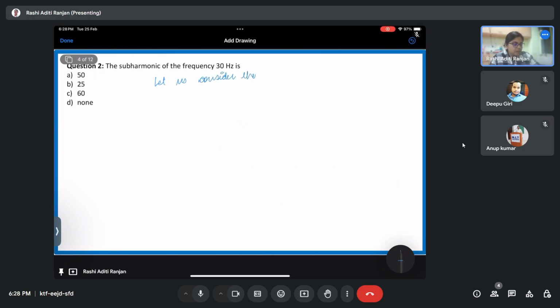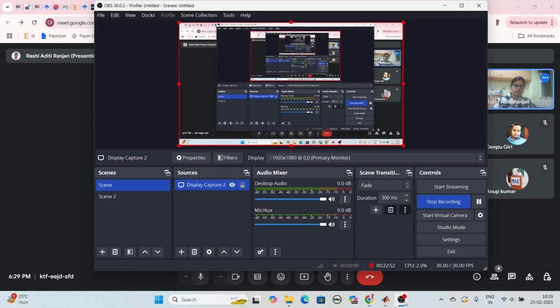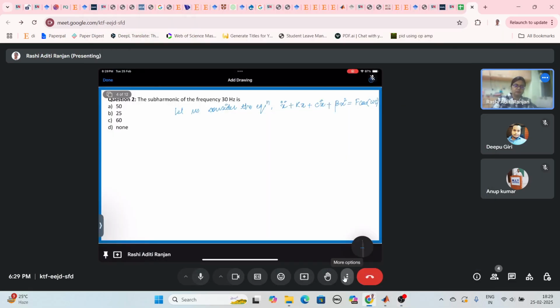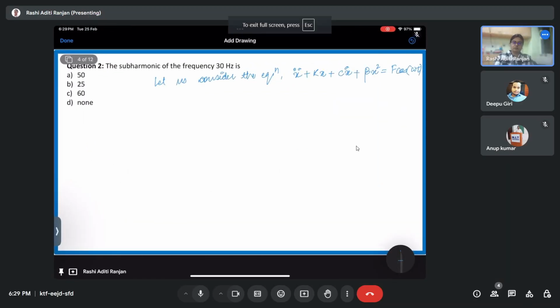Okay, so let us consider the equation x double dot plus kx plus cx dot plus beta x square is equal to f cos omega t.